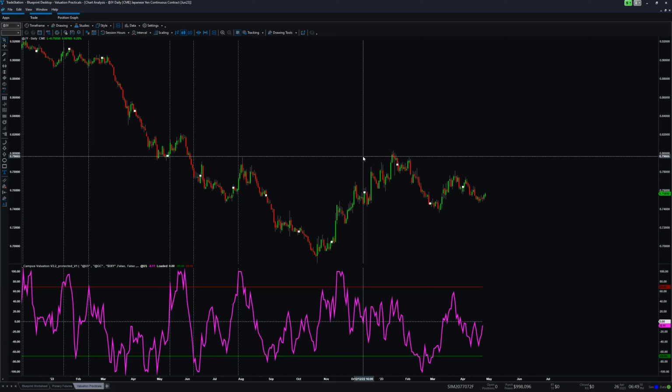Euro US dollar, British pound US dollar, they both move and are impacted by the strength or weakness of the US dollar. Or Swiss franc, US dollar. The Swiss franc is impacted by the strength or weakness of the US dollar.